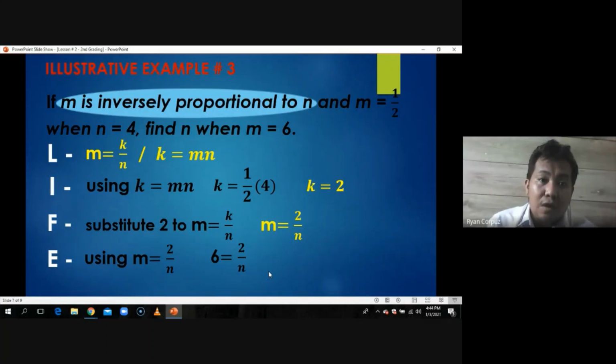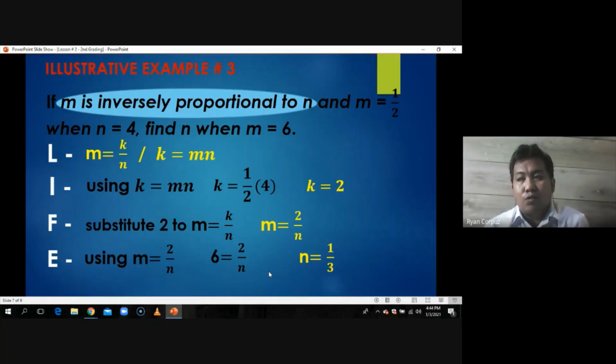As you will find out, it's not yet simplified. When you simplify 2 over 6, you come up with N, which is equal to 1/3. So that is the value of N. That's how we answer example number 3.